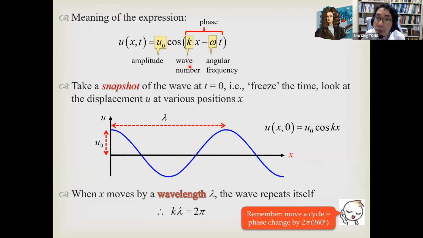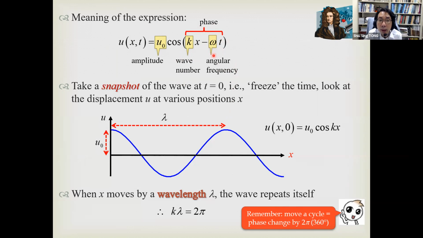The constant k is called the wave number. The constant omega is called the angular frequency. The angular frequency is the same constant you saw before when we discussed circular motion or simple harmonic oscillation, but now you have another constant which we call k. The wave number k is actually related to the wavelength, as we will see later. This combination kx minus omega t we call the phase.